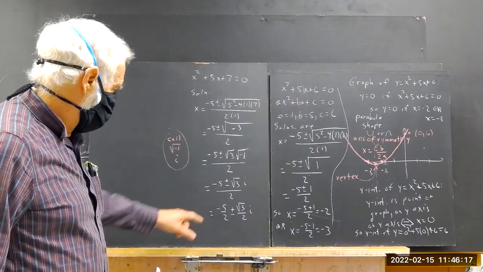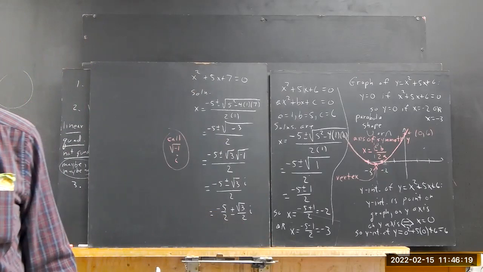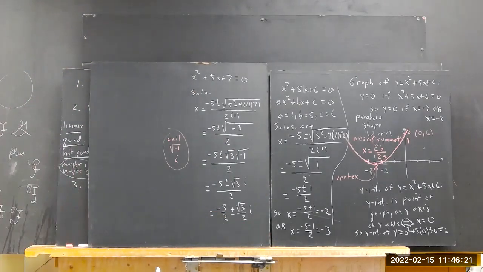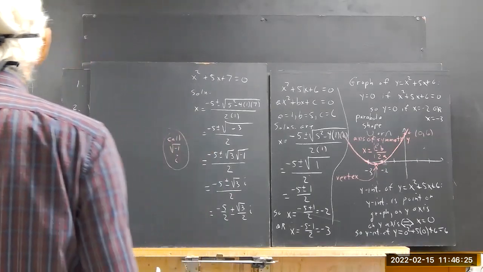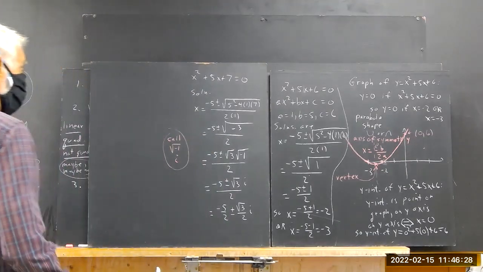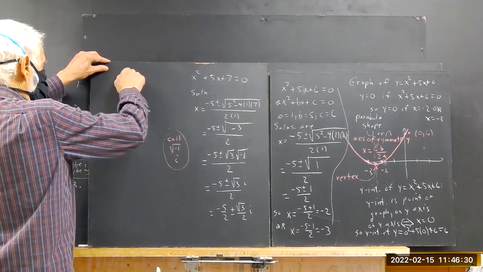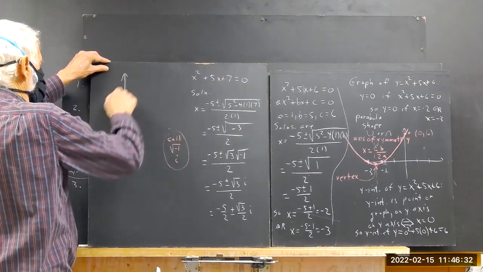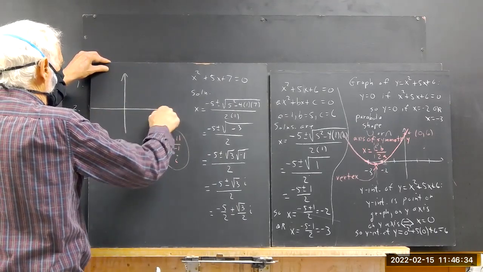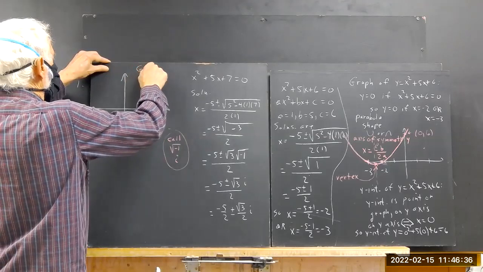Which I can write like this. Okay. Now, what are the implications for the graph? Well, the graph has no zeros.